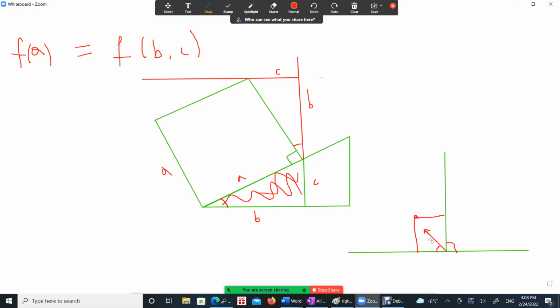So in this manner, we'll be having this height, this height.